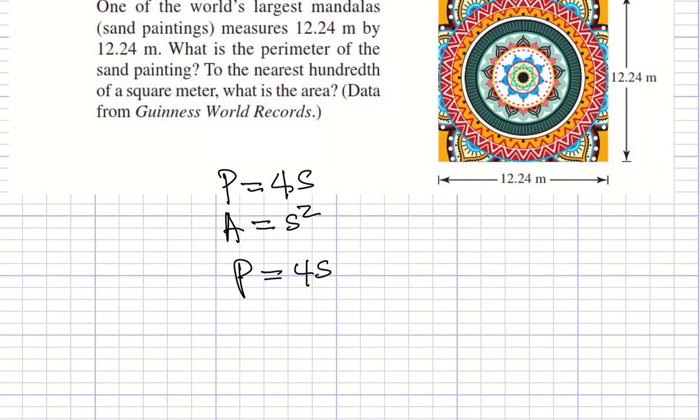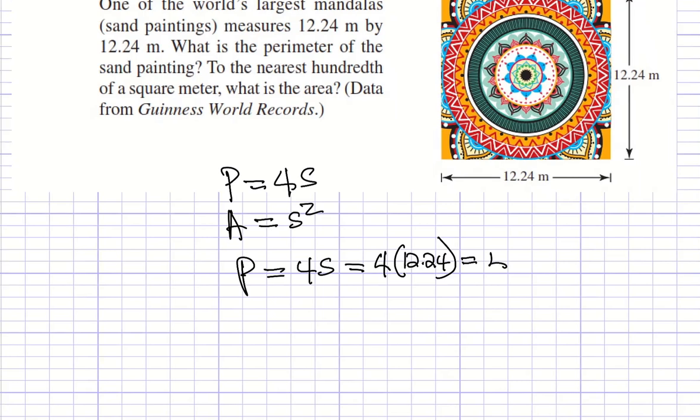Perimeter will be 4 times 12.24 meter. What is that? So you gotta use what we learned from arithmetic. You multiply that out, okay? If you multiply that out, you get 48.96 meter. This is perimeter. And then the area will be s squared.